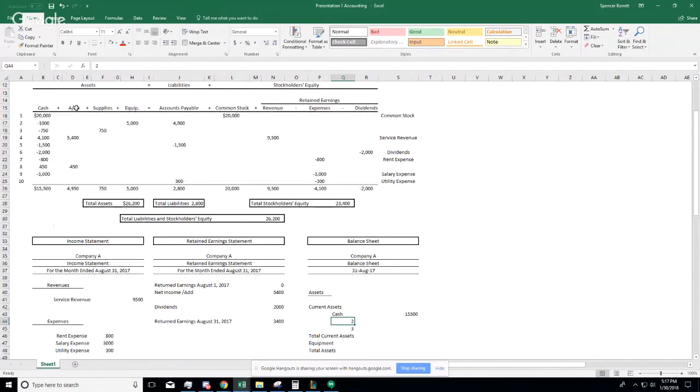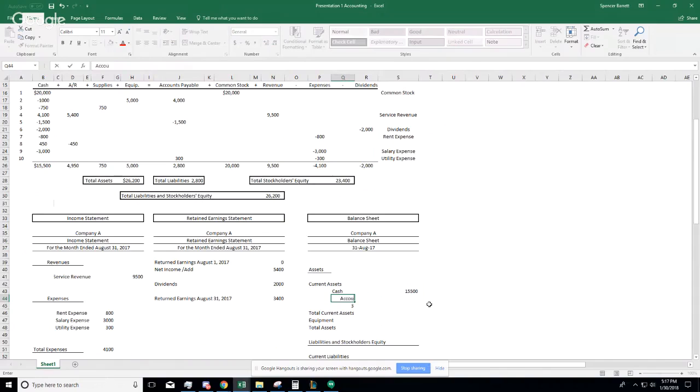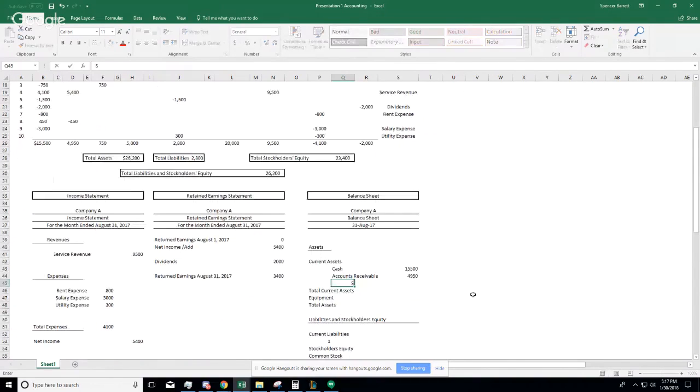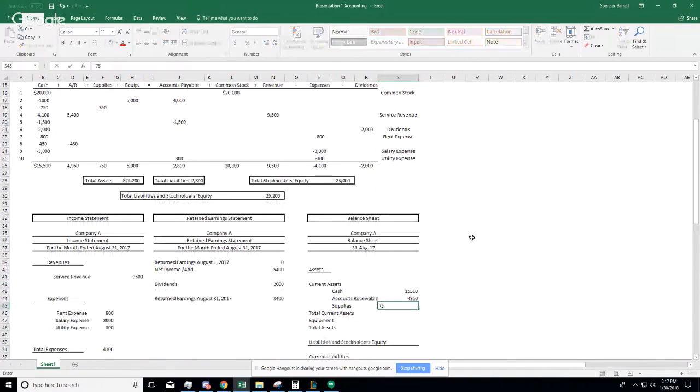We had accounts receivable at 4,950. And then supplies, so that could be like inventory essentially, and that would be 750. And then these account for all of the current assets. You could think of equipment as a long-term asset in this case.